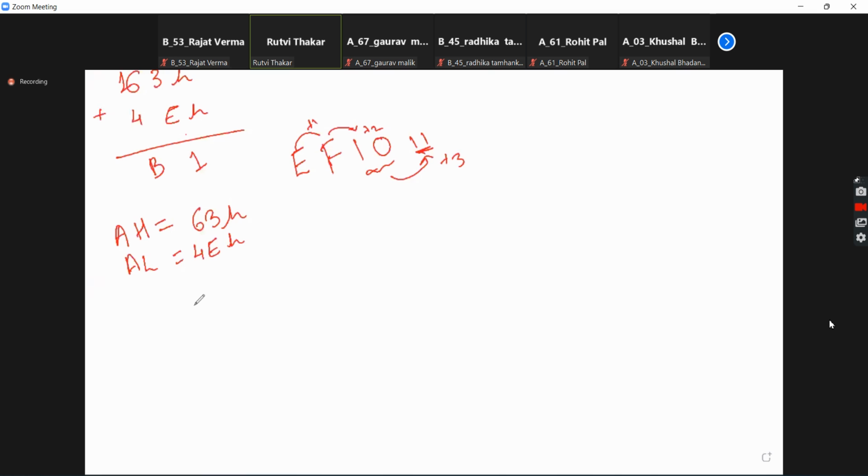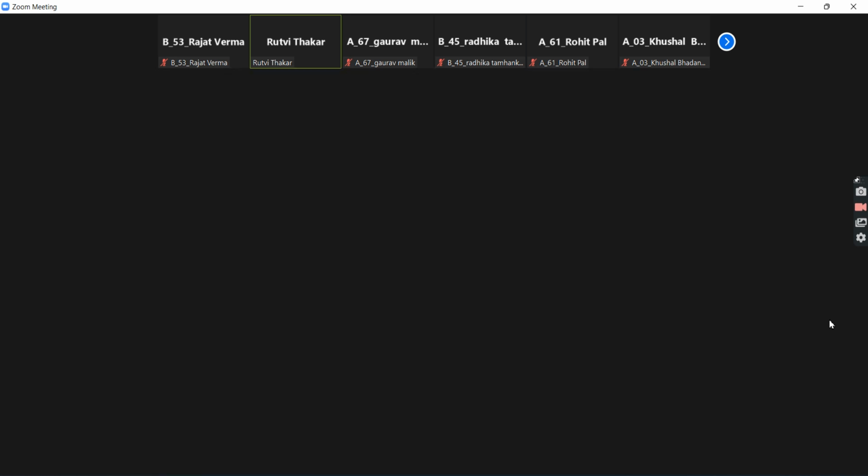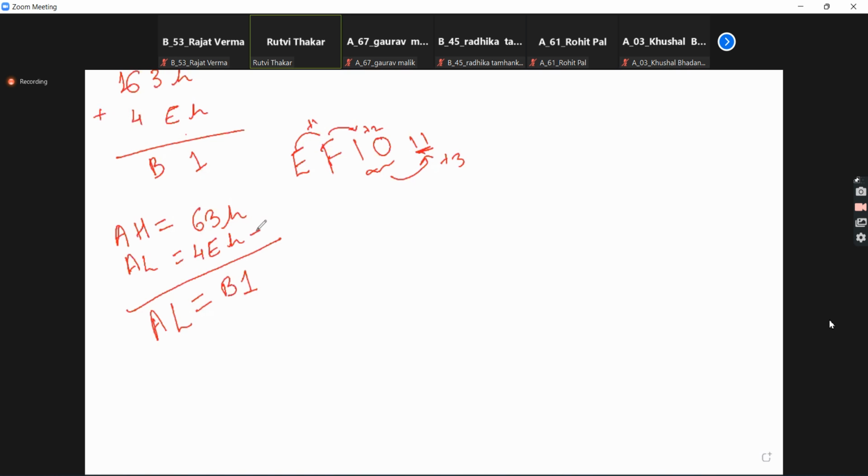Bit 0 is loaded first, then bit 1, then bit 2, then bit 3. So it will be stored in the lower side, in AL. What will be stored in AL? B1. So this value 4E hex got replaced by B1.